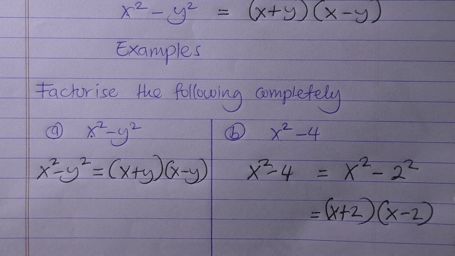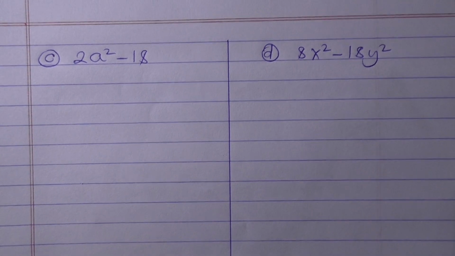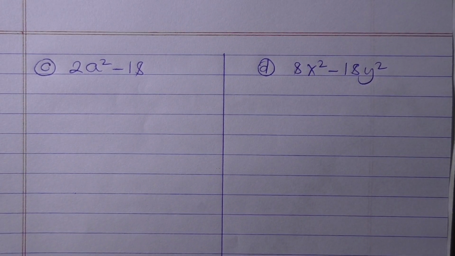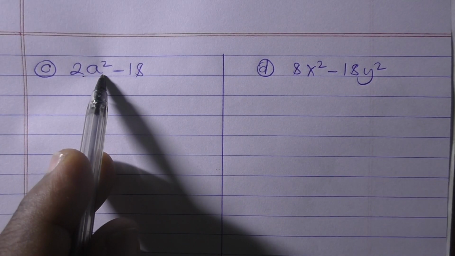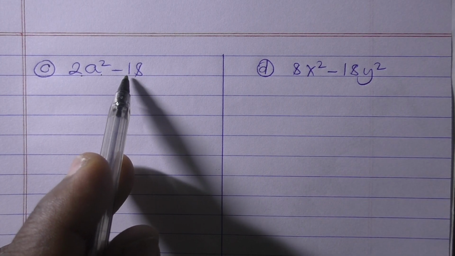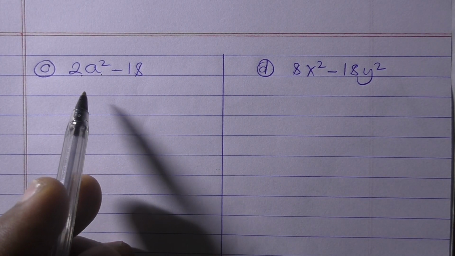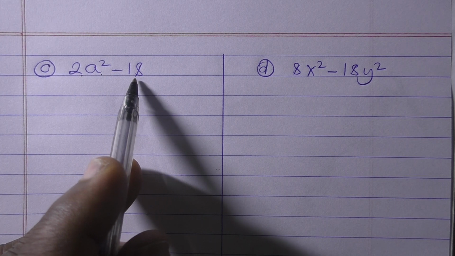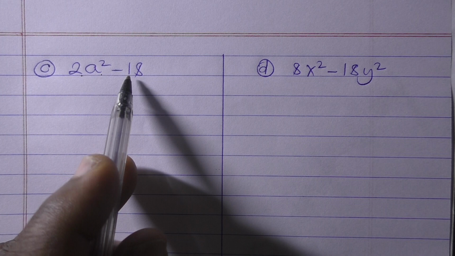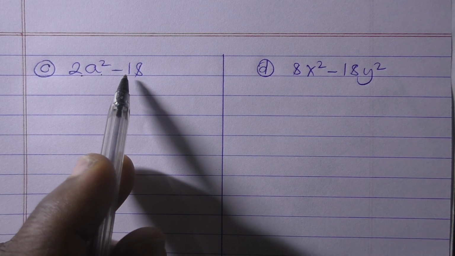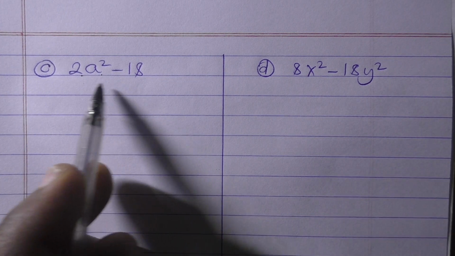We are continuing with more examples. We look at example 3, or our part C, which says 2a squared minus 18. So here we cannot get a square from 18 because 18 is not a square number. So we can first of all have the common factor, which is a 2.